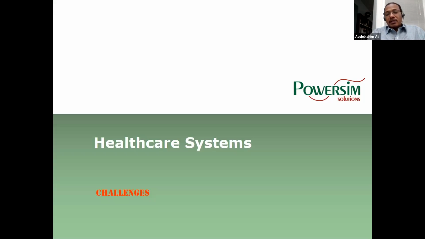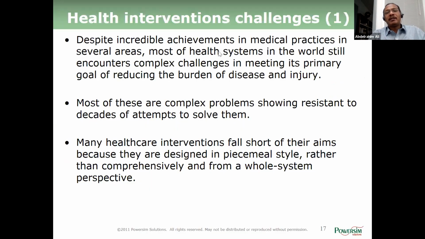The second part is the healthcare component, because we would like to apply that in healthcare. For now, I think the challenge of the healthcare interventions most probably is that we have very advanced medical practices, but still the health systems all over the world encounter complex challenges in meeting that primary goal. The primary goal of healthcare is reducing the burden of disease and injury.